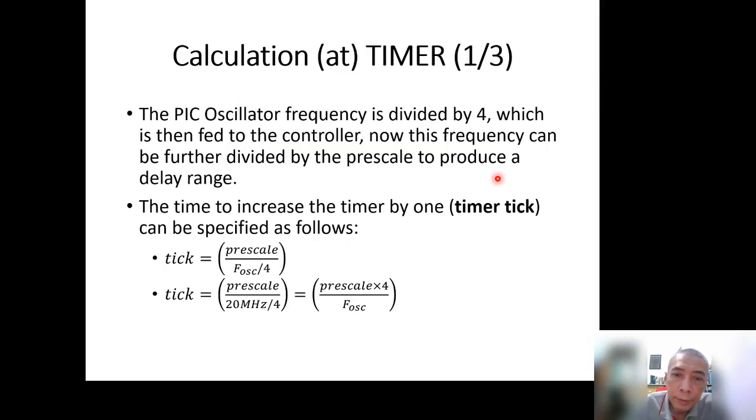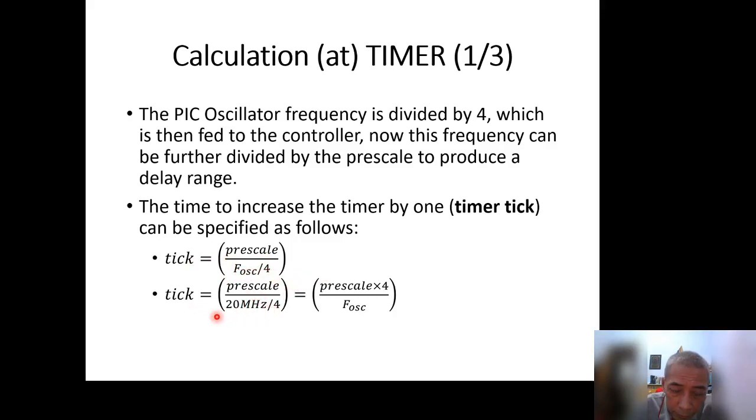Okay, so this is the example of the calculation of the timer, especially the general rules. The PIC oscillator frequency is always divided by 4, which is then fed to the controller. Now this frequency can be further divided by the prescaler to produce a delay range. So this is the equation for the timer tick: the tick is equal to the prescaler divided by the oscillator frequency divided by 4.